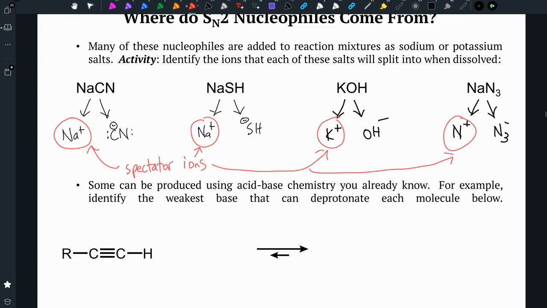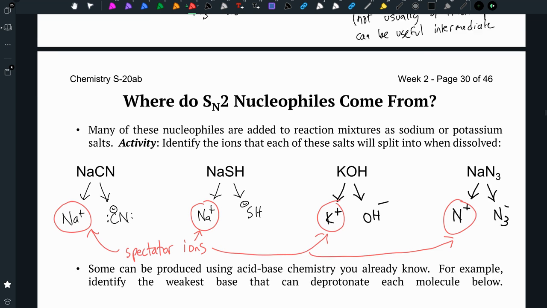And as organic chemists, in a lot of scenarios when we're writing out reactions, sometimes we will include those positive ions and sometimes we'll just leave them out. So for instance, these two things would mean the same thing.